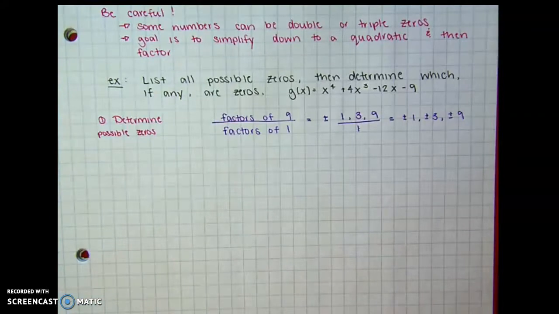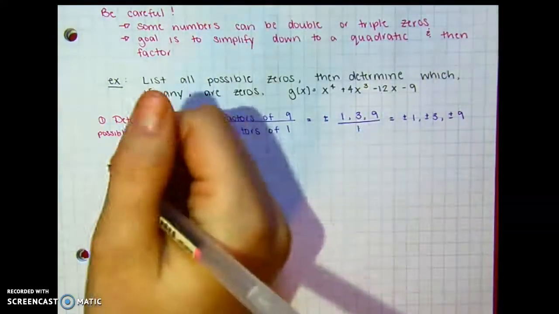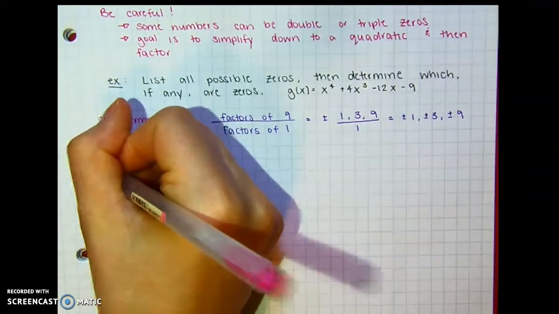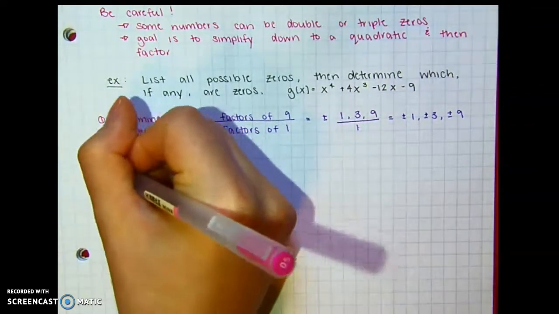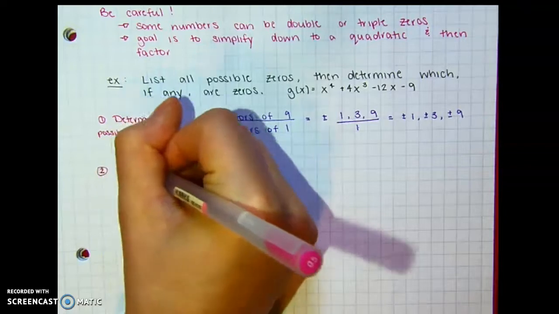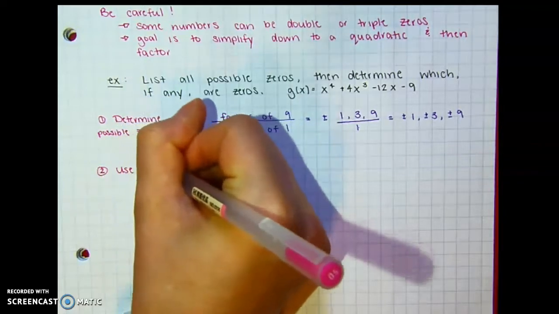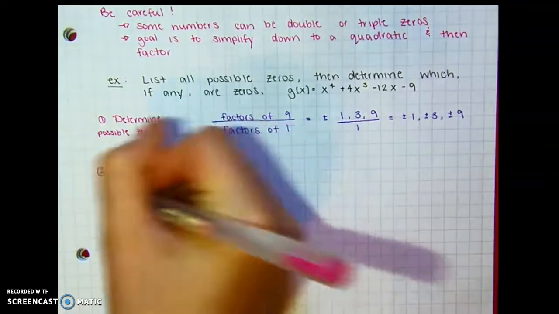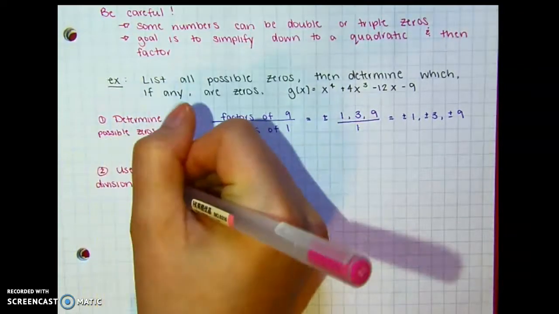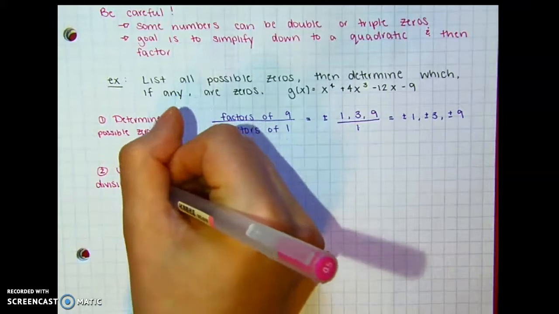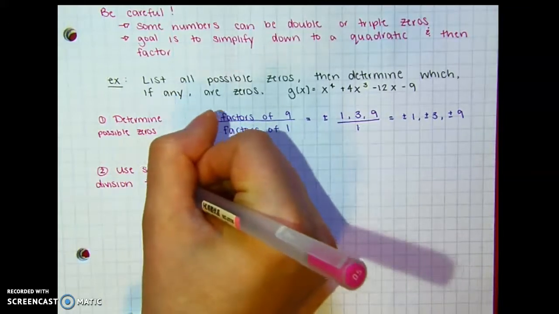And then step 2 is where it kind of gets tedious. So step 2 is we're going to use synthetic division to determine a zero.